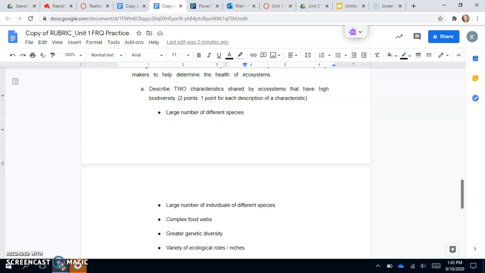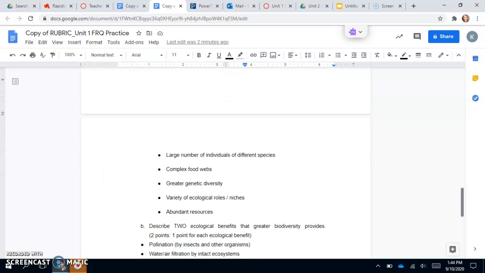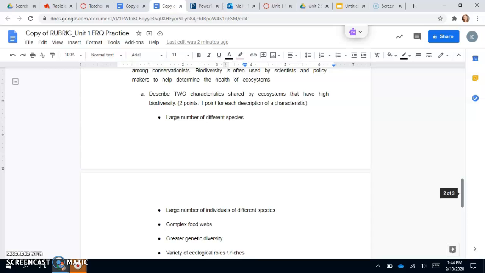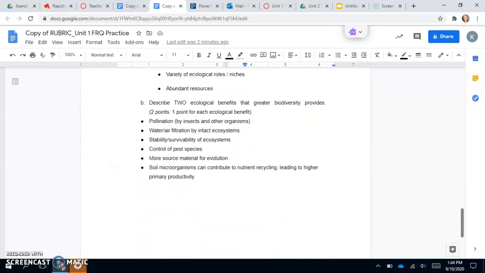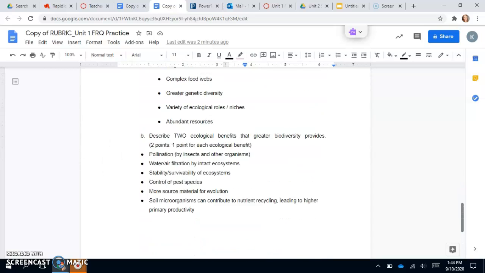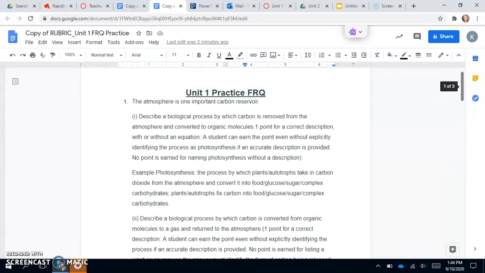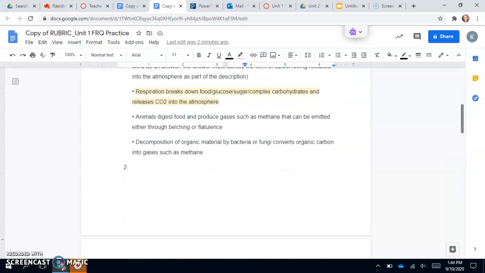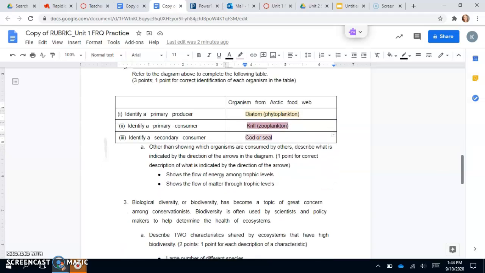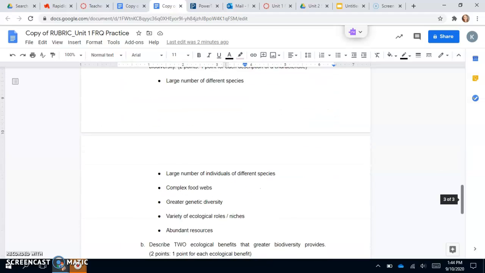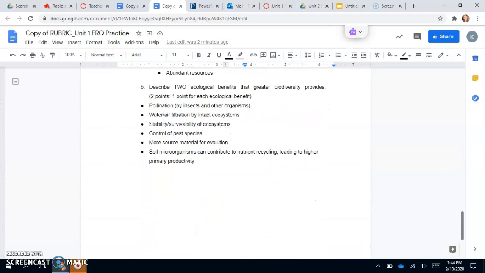A characteristic of a rainforest would be a large number of different species, which contributes to yada, yada, yada. But you do need to at least have 2 of these in your FRQ. So we're at 2 points, so what are we up to now? We had 1, 2, 3, 4, 5, 6, 7, 8. So we've got 2 left. We're at 8 points.